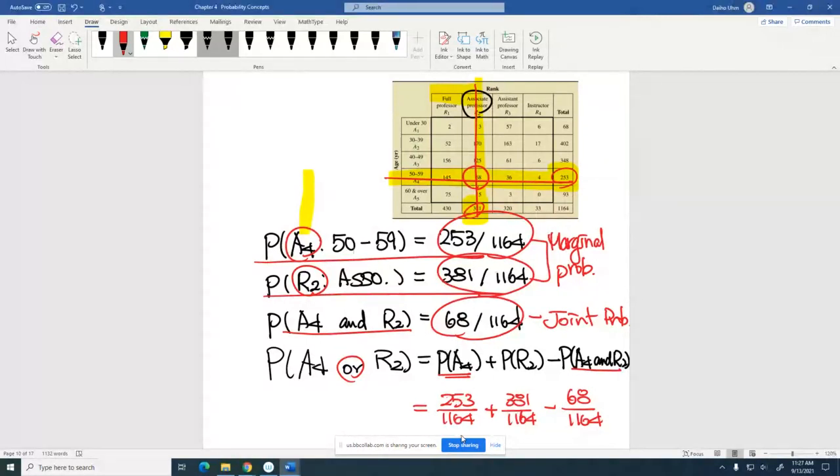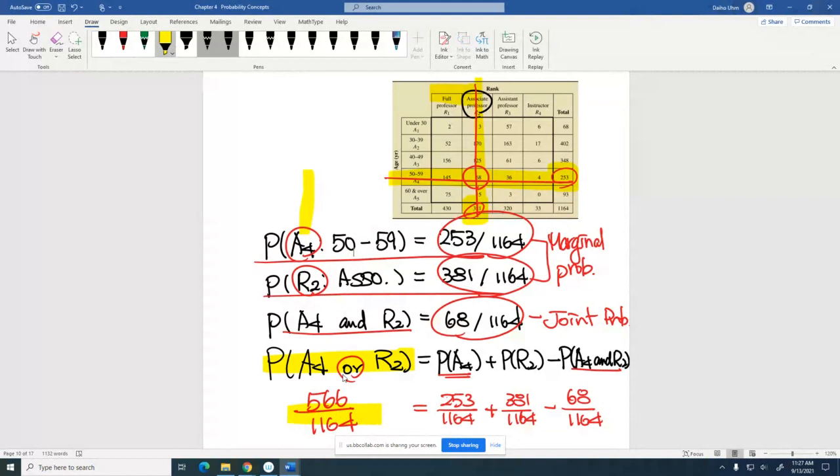We have 566 out of 1164. It will be the probability A or B, A4 or R2, by the general addition rule.